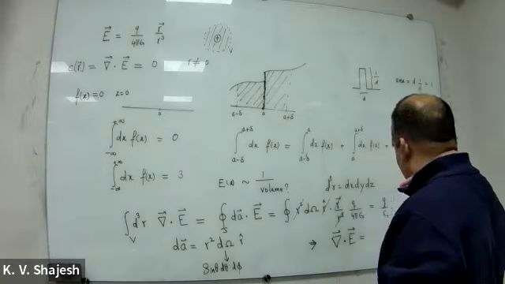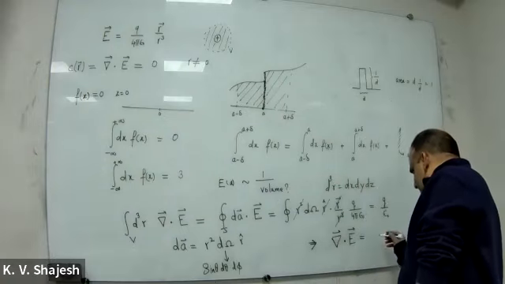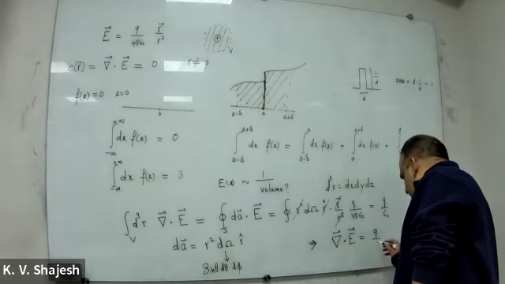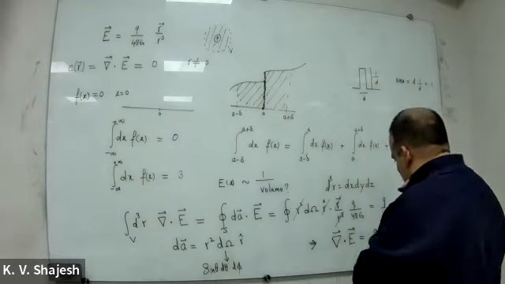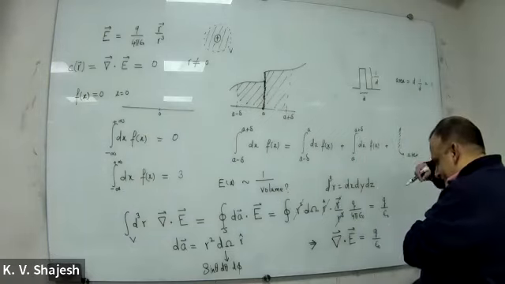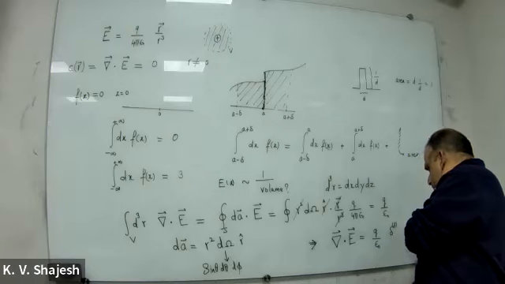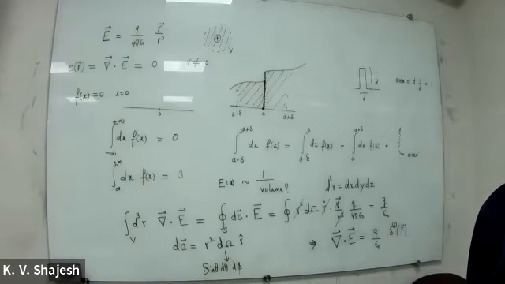It is actually q over epsilon naught times a delta function right at that point. Is there a 4 pi? Yeah, that's correct.